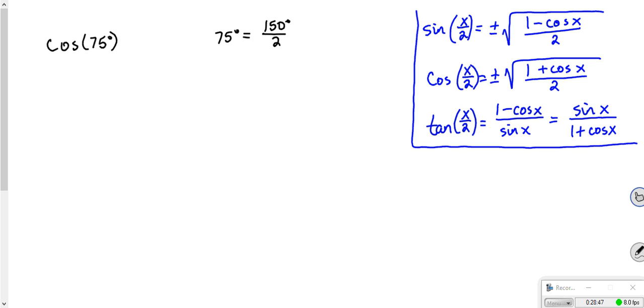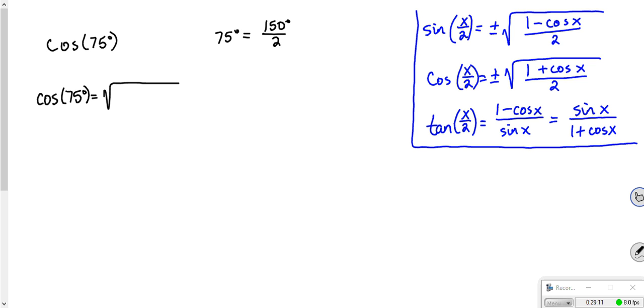So that means that cosine of 75 degrees is the square root. I put a positive, I didn't put a negative. It's a positive square root because 75 is in the first quadrant, and in the first quadrant cosine is positive. So I don't have to worry about the plus or minus, I just need the plus.